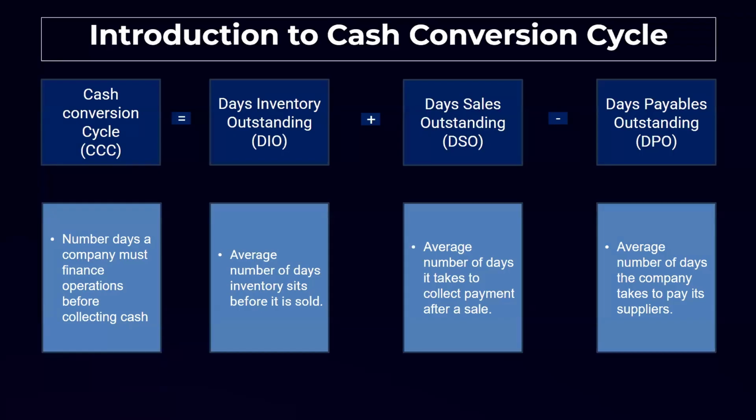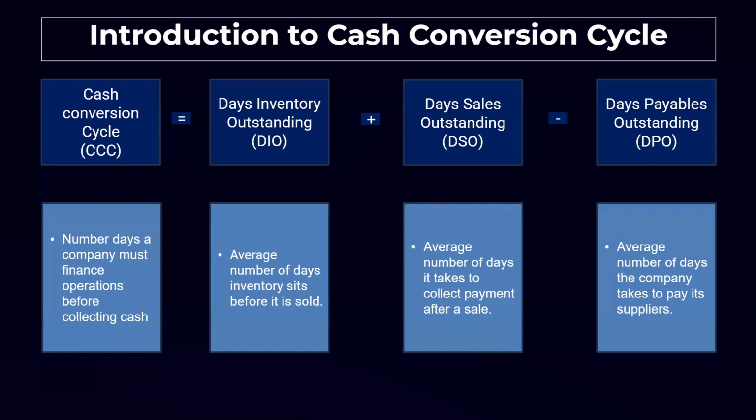And days payable outstanding refers to the payables. So how many days of purchases have I not paid for? Overall, it does depend on the credit period that your supplier gives to you as well.